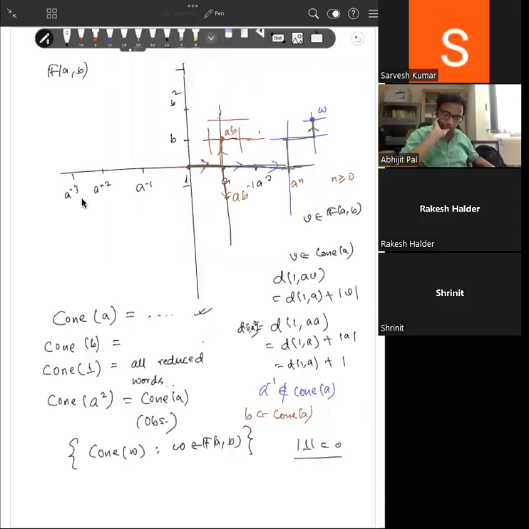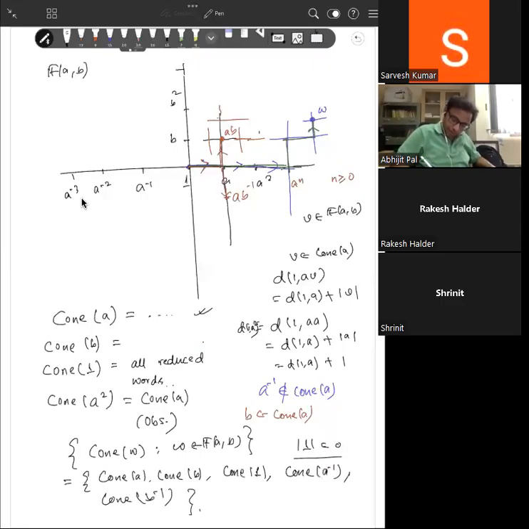The cone of W depends on the last letter in the reduced representation of W. So this collection is nothing but cone of A, cone of B, cone of 1, cone of A inverse, and cone of B inverse. We get only these 5 things. Therefore the collection of cone types is a finite set.